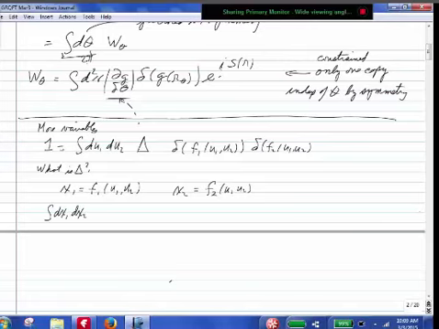So to figure it out, let's just set x1 is f1 of u1, u2, and x2 is the other, f2.